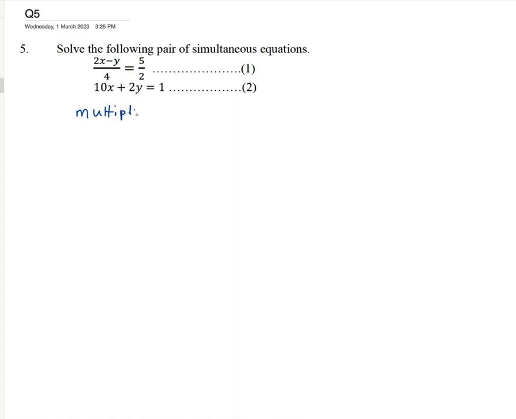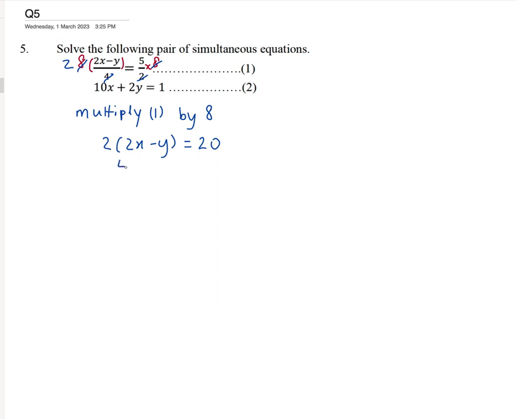Okay, we can multiply equation 1 by 8. So once we have done that, on this side, when we multiply by 8, on this side we multiply by 8, that will give us, here we cancel, so we have a 2 bracket 2x minus y equals, cancel, and we have 20.